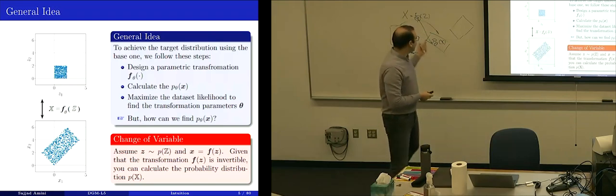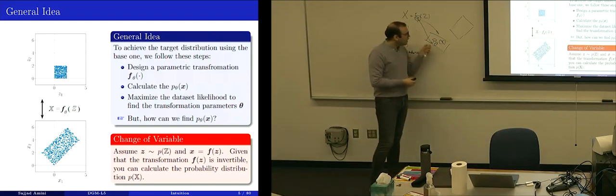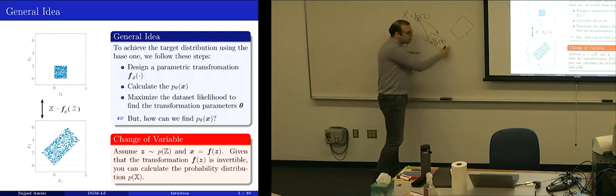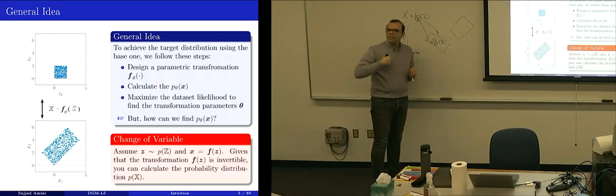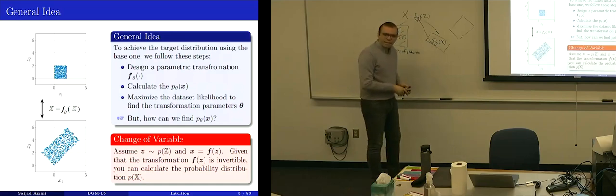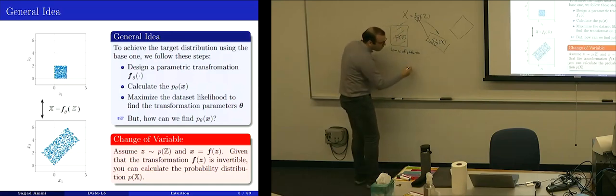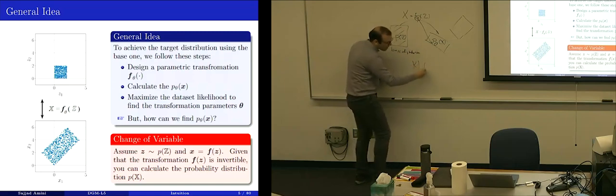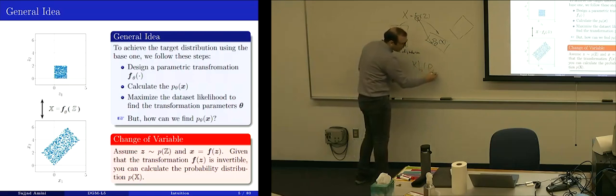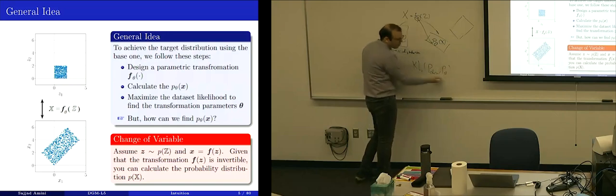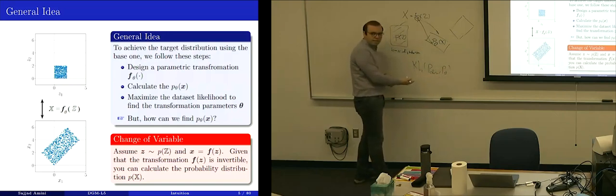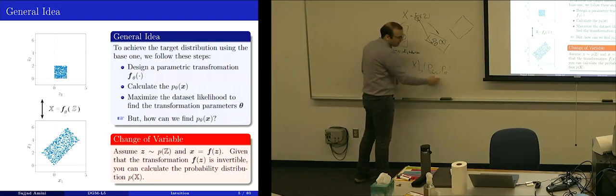So how can I design this theta? The new distribution should be such that it gives high probability to my data set. It is equivalent to maximum likelihood, or equivalently, to minimum KL distance between P data and P theta. This is our objective. We want to minimize the distance between what we have and what we should have.